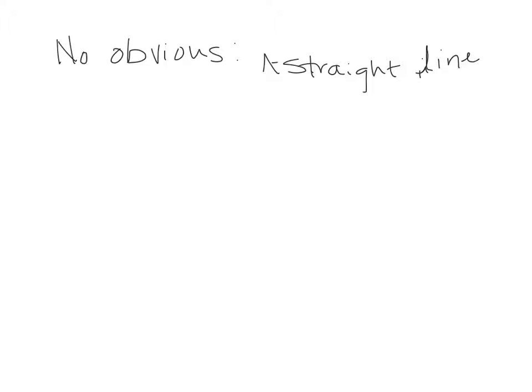A straight line is an appropriate model. So basically that means that it's linear. So the graph itself is linear.